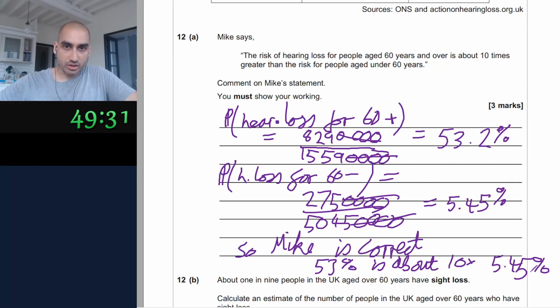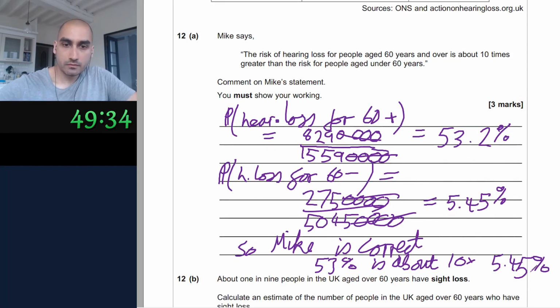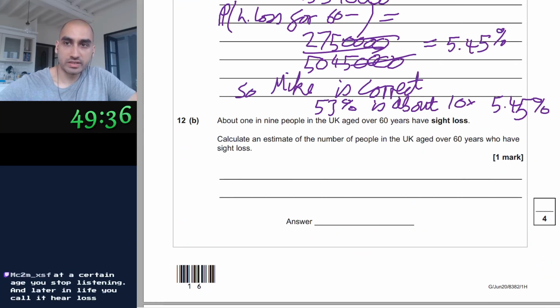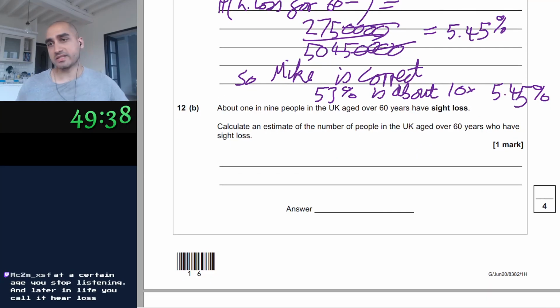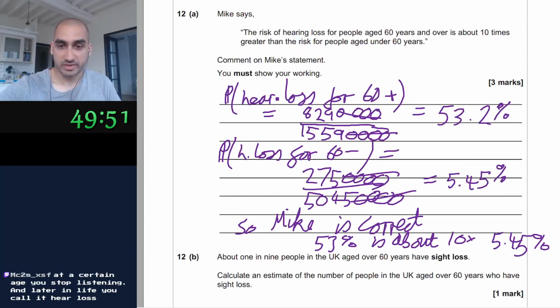Yeah, I don't see any catch there. All right, about 1 in 9 people... at a certain age you can stop listening, and later in life you call it hearing loss. I see. Yeah, maybe that's it.